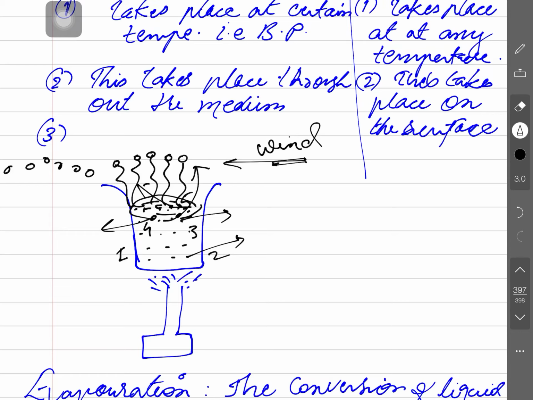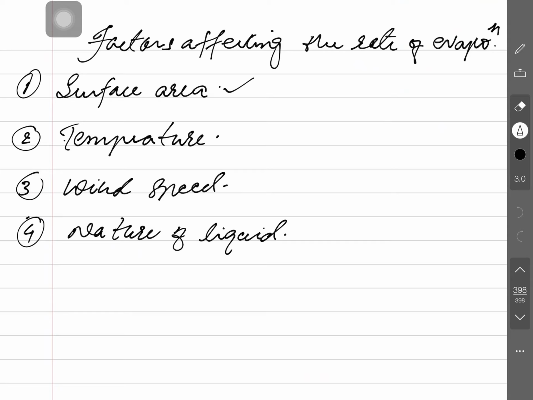Is that clear? This is an example of wind speed. Also, we blow on hot food and hot materials to make them cool rapidly. So, this is the illustration for wind speed. Increasing the wind speed, the rate of evaporation will also increase.